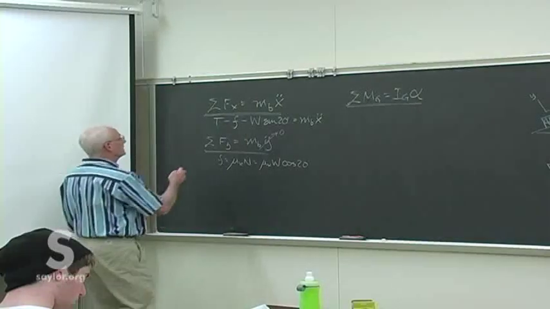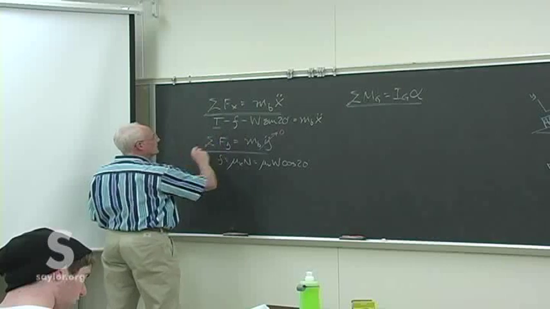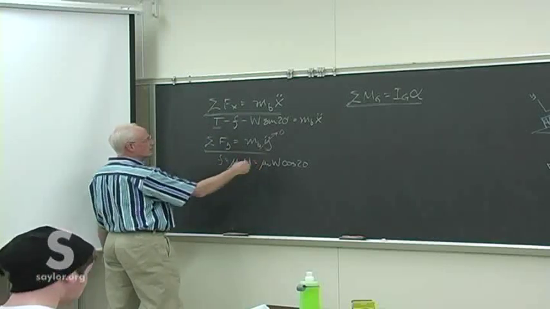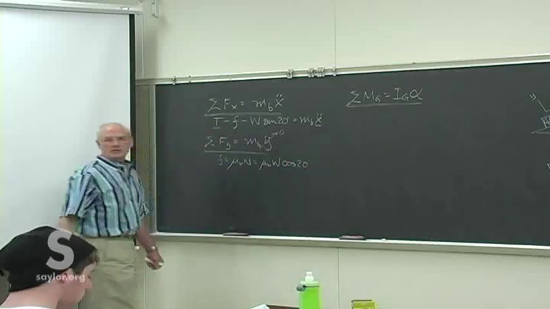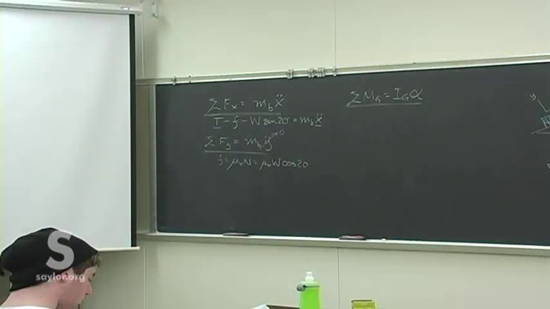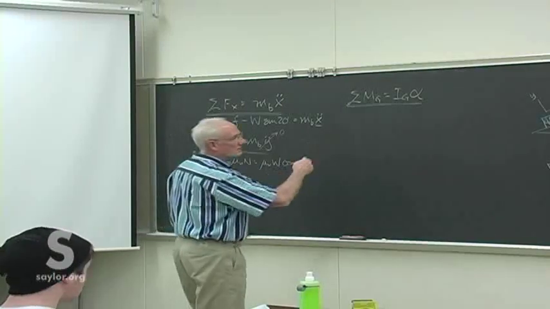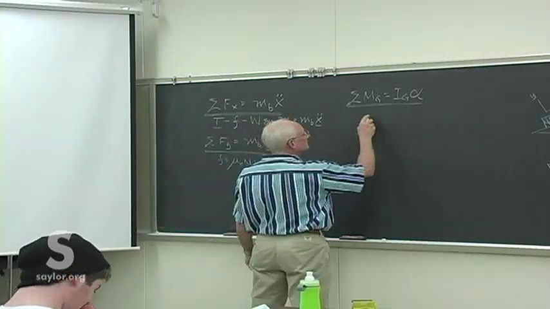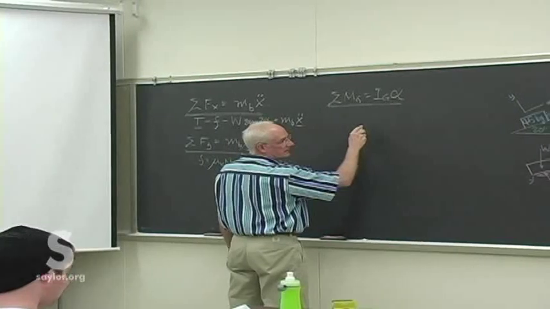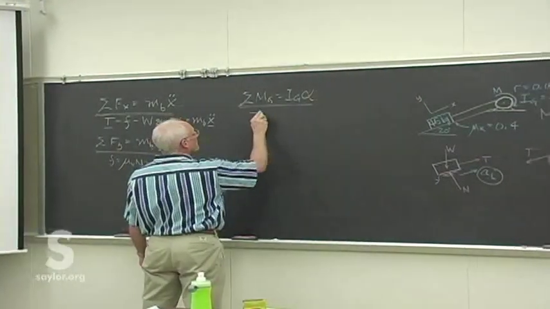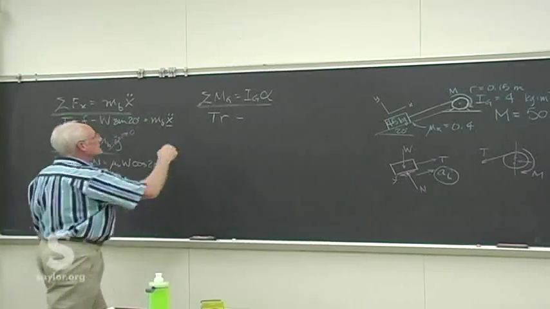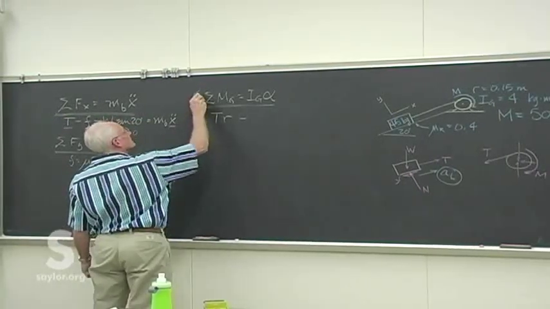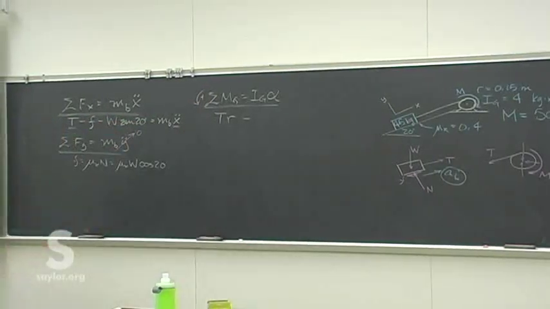So how are we doing? T is unknown. F we'll take as known because it's just a matter of filling all those little pieces in. And the acceleration of the block is unknown. So sum the moments about the center of the pulley, taking the positive direction to be the direction of the acceleration.